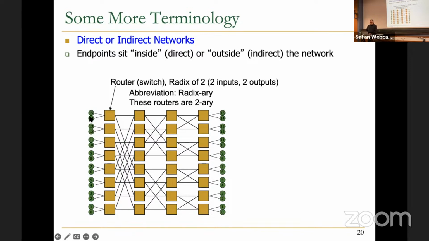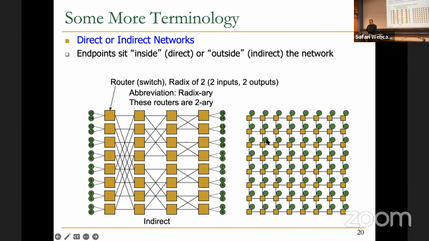You can see that endpoints are outside of the network essentially. That's why we call this an indirect network. And each of these is a router or switch. We call them radix 2 because they have 2 inputs and 2 outputs. Sometimes people also call these routers 2-ary essentially.